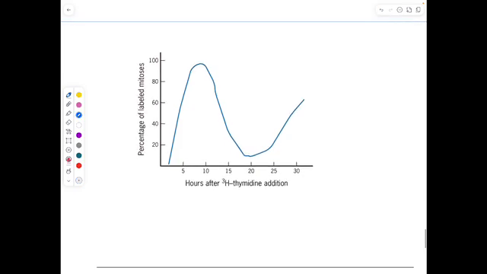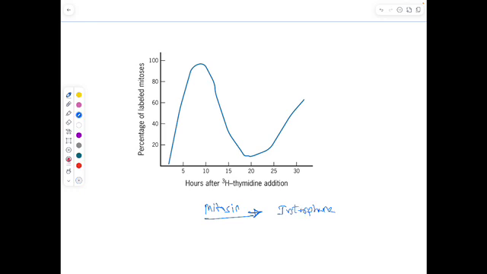Initially, mitosis, or the different phases of mitosis, were observed by scientists using the light microscope. In the cell cycle, we find another phase that is called interphase.